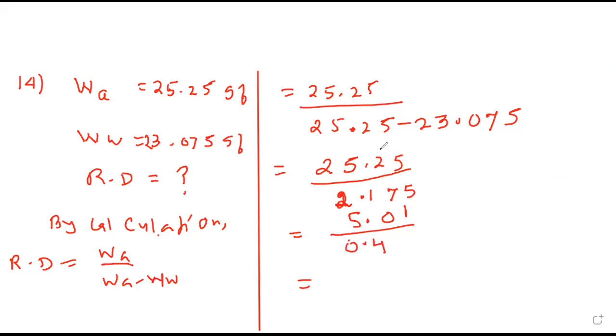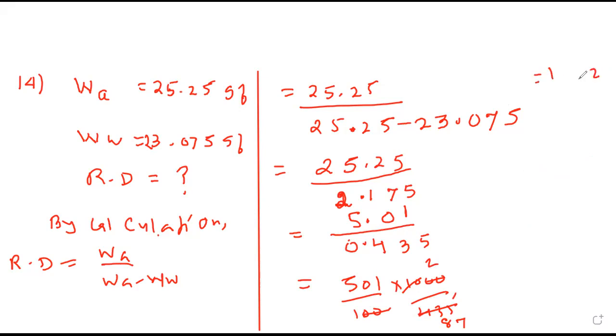0.5 into 420, 5 into 315, 5 into 525. 501 upon 100 into 1000 upon 435. Cancel 2 zeros. Now 5 into 2 is 10, 5 into 7.